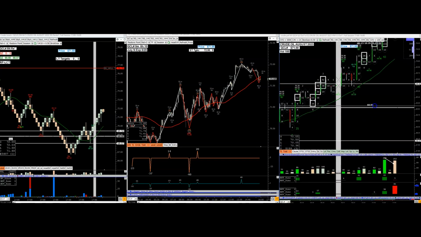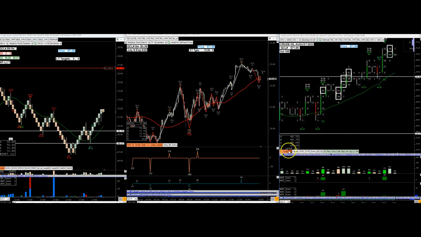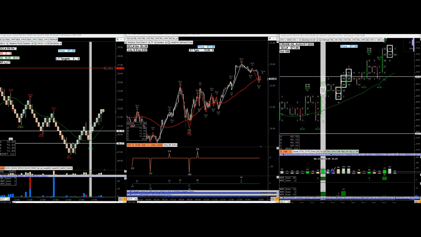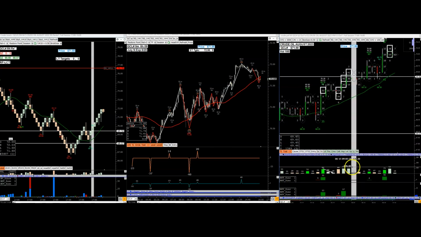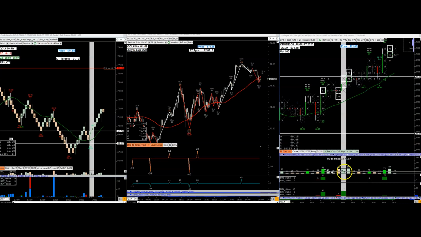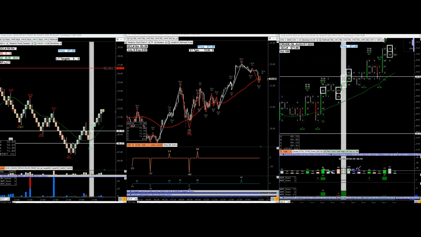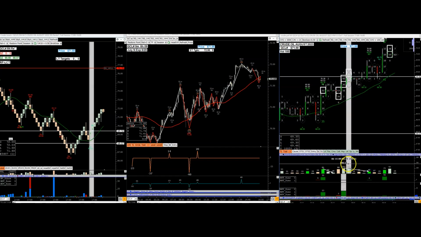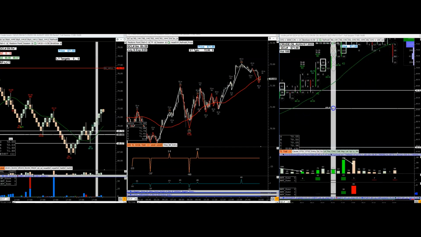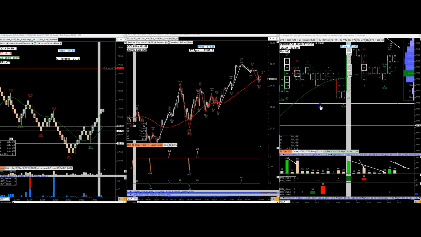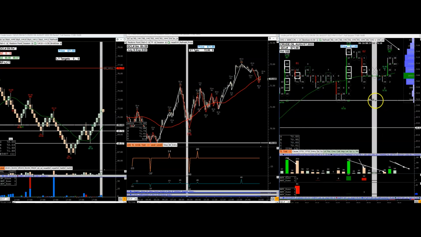It should have that type of feel. Like here you have 100, and then it goes down, and then boom. So this is the idea when it comes to low volume pullbacks on a tape reading chart.